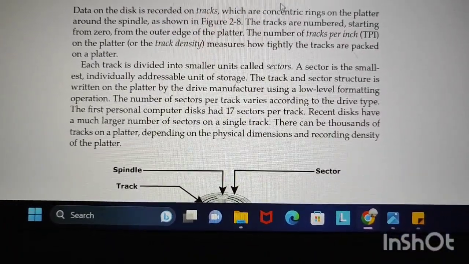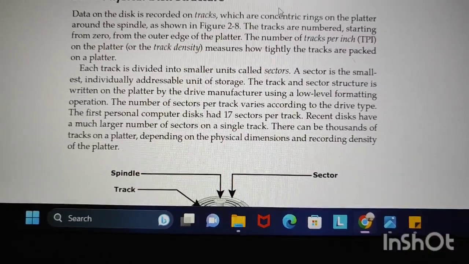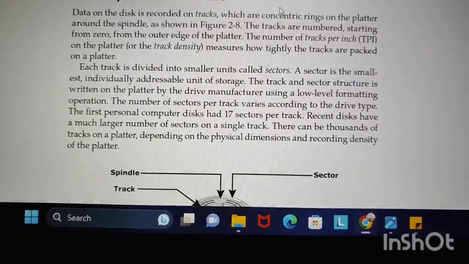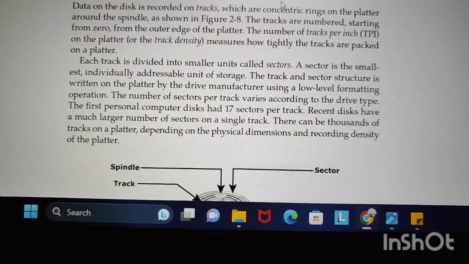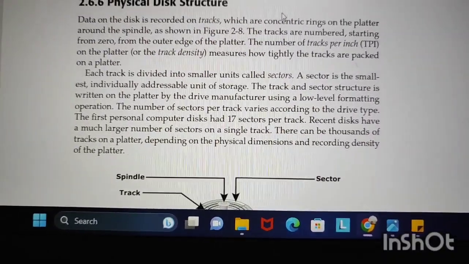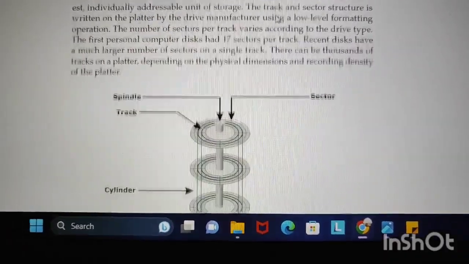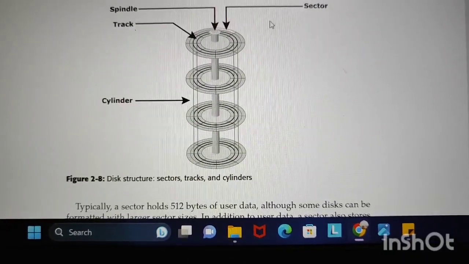These sectors are individually addressable units of storage. The number of sectors per track varies according to the drive type. The first personal computer had 17 sectors per track. The recent disks have a much larger number of sectors on a single track. There can be thousands of tracks on a platter, depending on the physical dimensions.